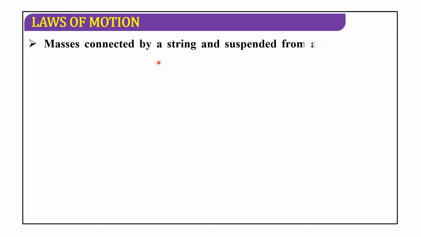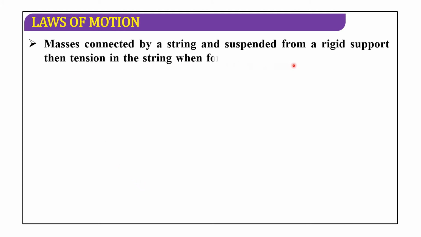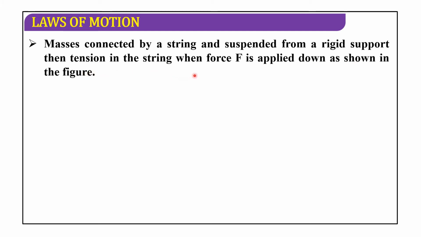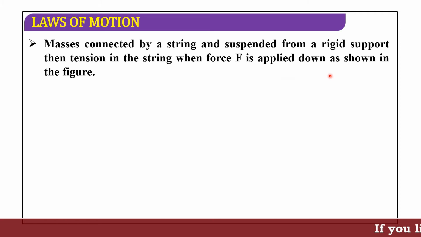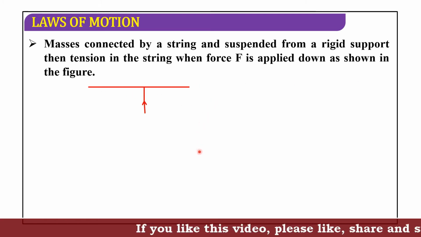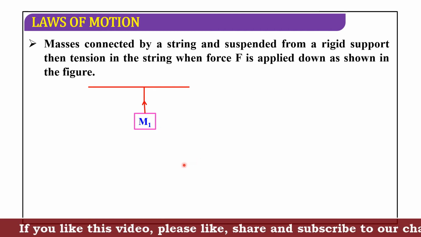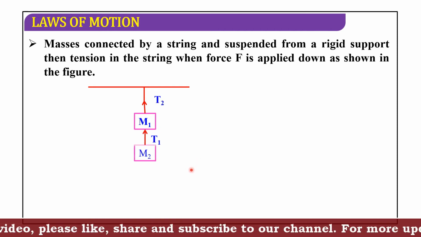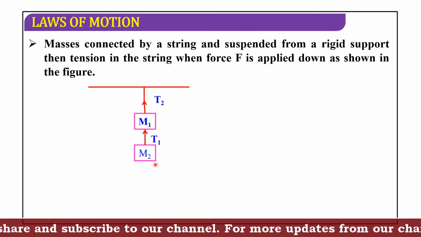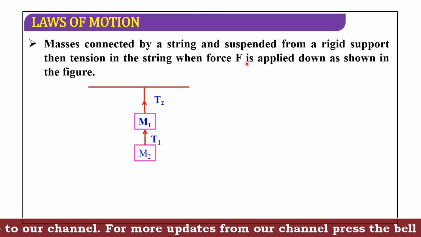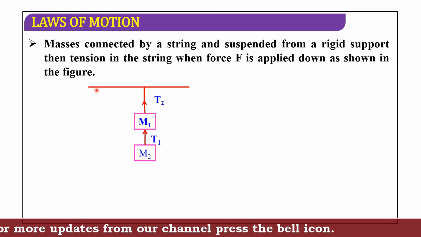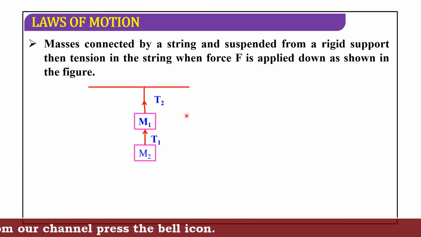Masses are connected by a string and suspended from a rigid support. Find the tension in the string when a force F is applied downwards, as shown in the figure. See, observe this figure. Here we have connected masses M1 and M2 by the string and it is suspended from the rigid support.